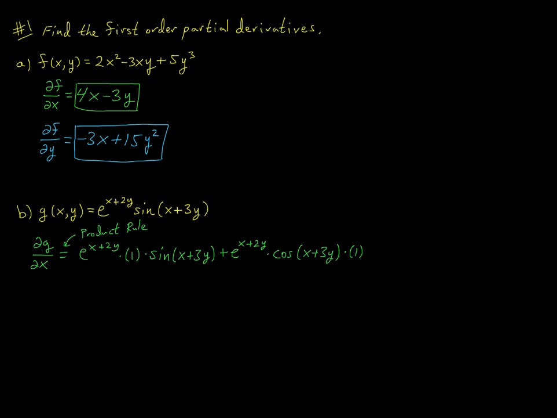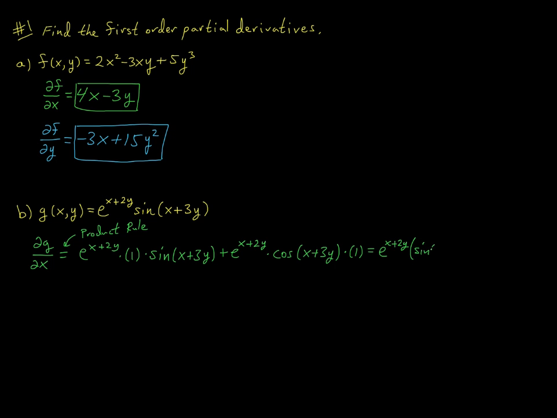Okay, and this is what I'm going to get, and so I can clean this up just slightly. I'll go ahead and factor out that exponential term. So e to the x plus 2y, and then inside parentheses I'll be left with just the two trig terms.